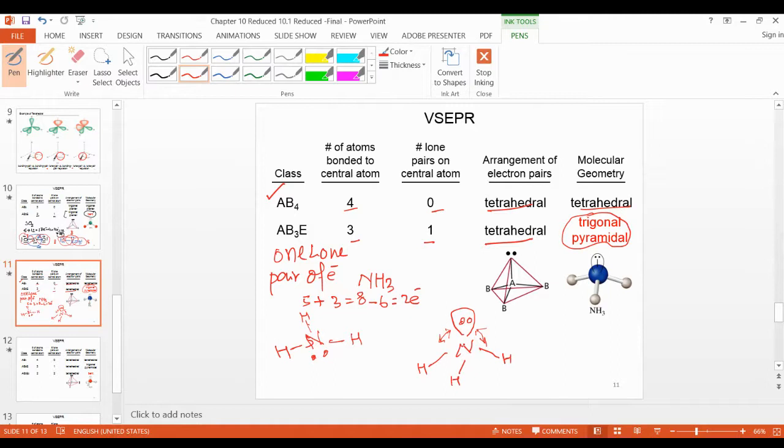That's why you will get trigonal pyramidal. One trigonal is here, and another trigonal is here. So trigonal pyramidal, because of this lone pair of electrons.